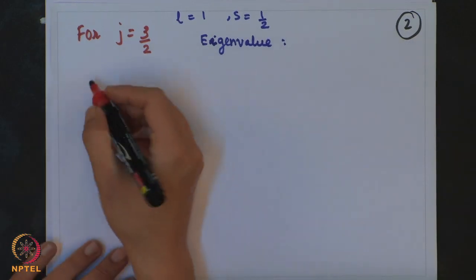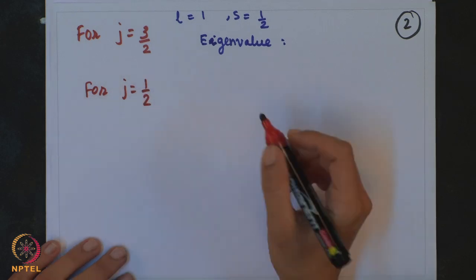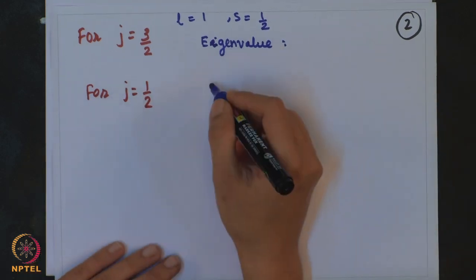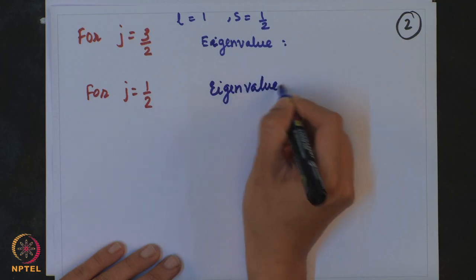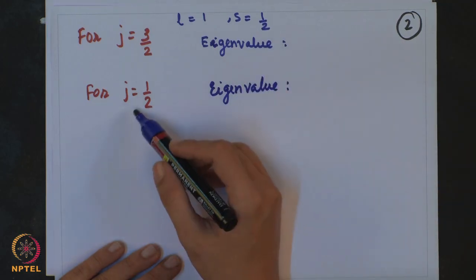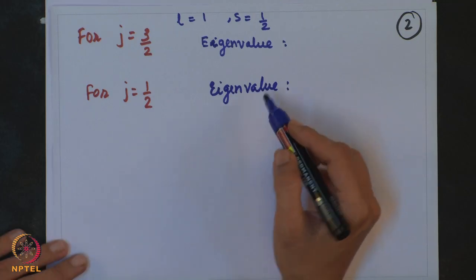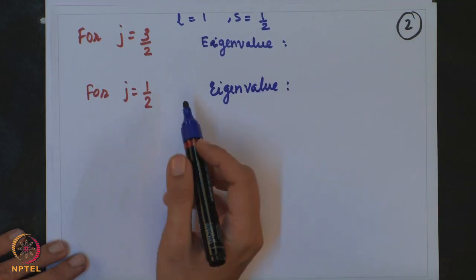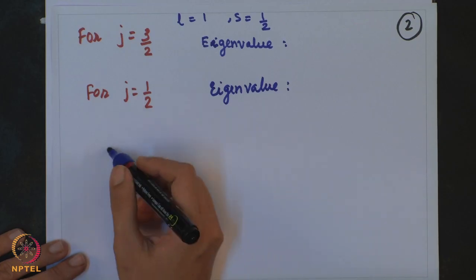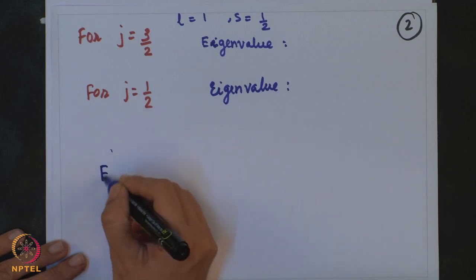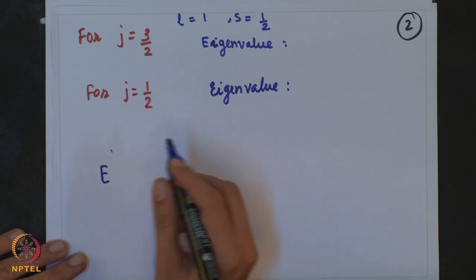And as I told you before the tutorial, I will not be giving the results, I will be giving a roadmap how to go about and solve the problems. So, you can calculate the eigenvalue for J is equal to half. Okay. So, the energy corresponding to V(r) L dot S upon h cross will be, we have to calculate that, okay, for different values of J.